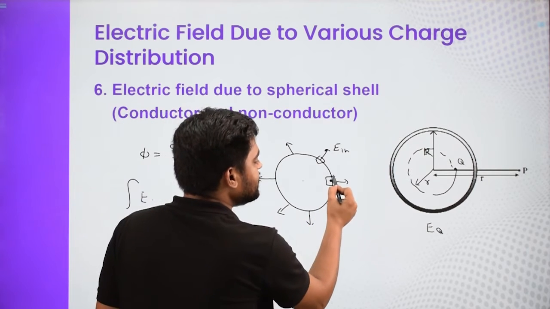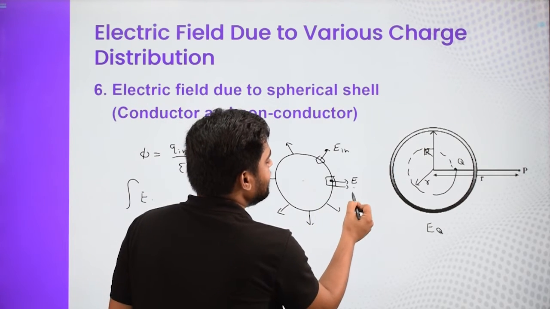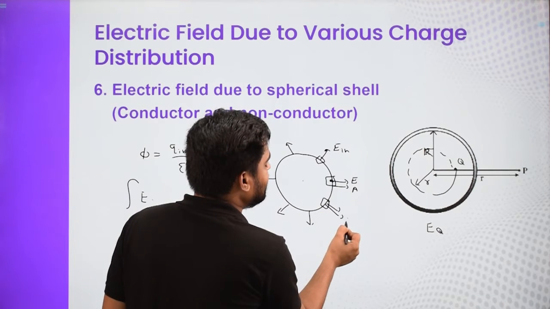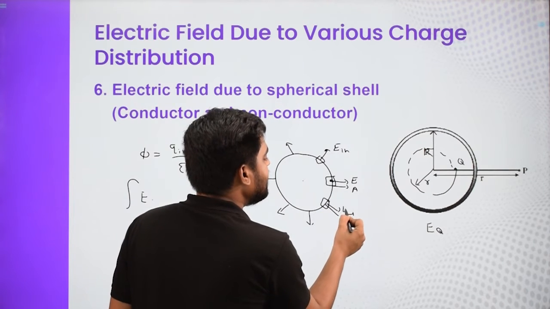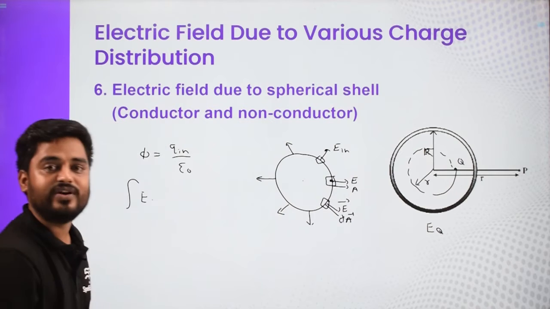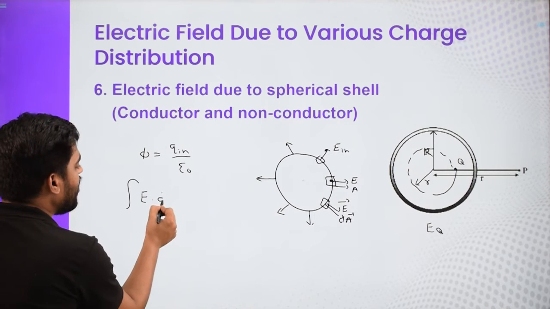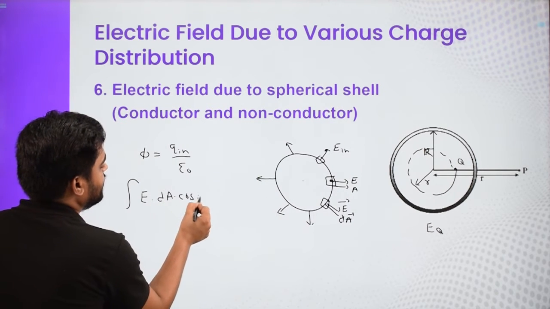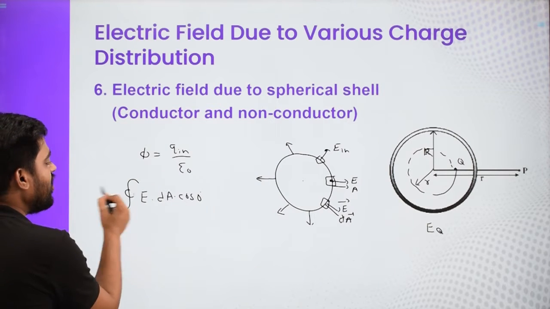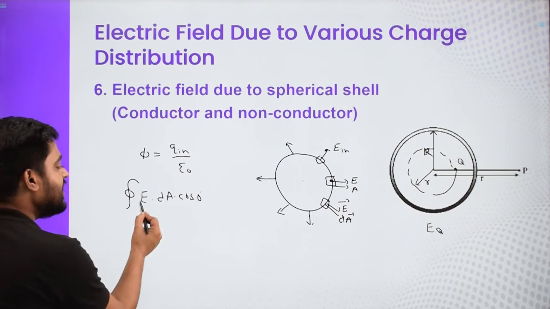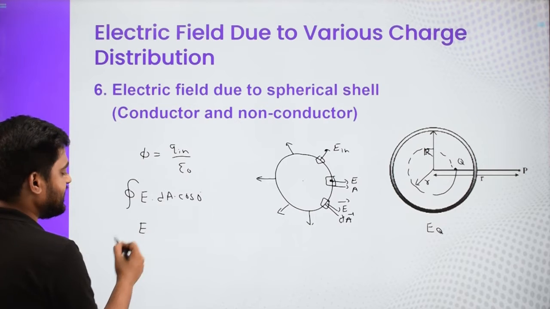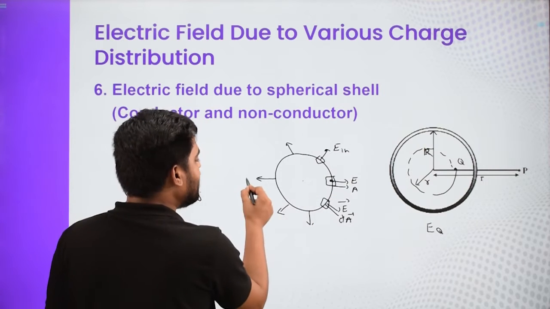So area is also out and E is also out. So the angle between any small area vector and the E vector is basically 0 degrees. So E into small area into cos 0. And when you integrate it along the surface, basically it gives you E into area. E is a constant, due to symmetry we can say all E will be the same.